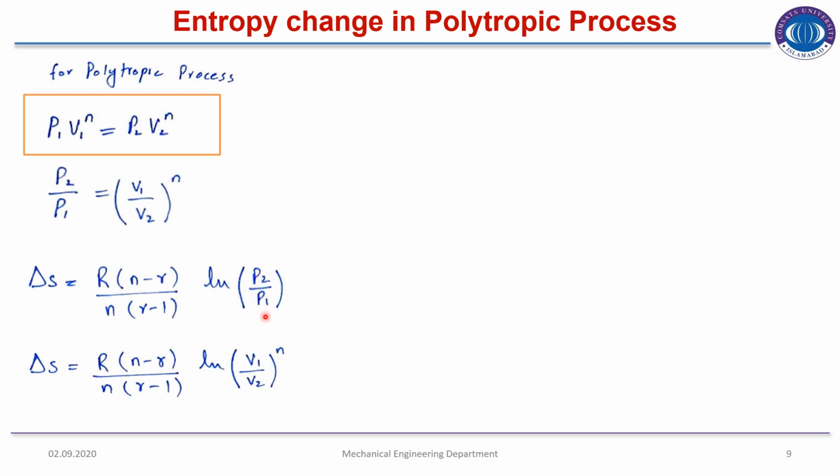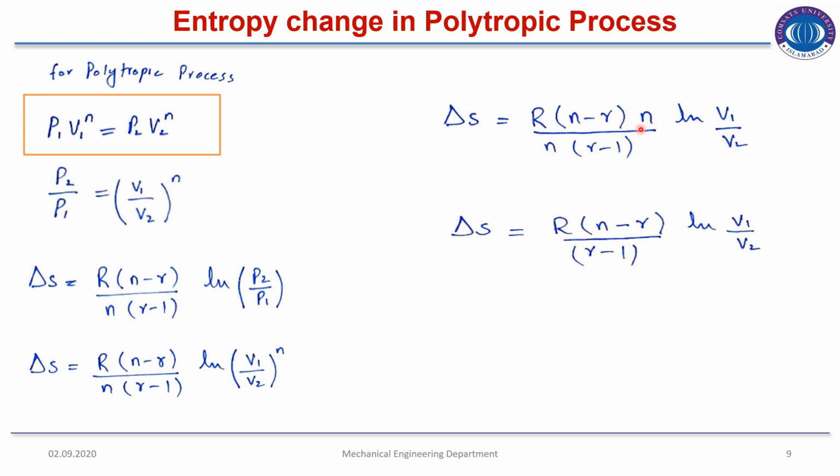Here we have inserted the value of P2 over P1, that is (V1 over V2) to the power n, into the relation of change of entropy for the polytropic process previously calculated. In the next step, we have used the property of log, so the n that was previously in the power is multiplied on the front side of the natural log. So change of entropy is equal to R into (n minus gamma) into n divided by n into (gamma minus 1) multiplied by natural log V1 over V2.